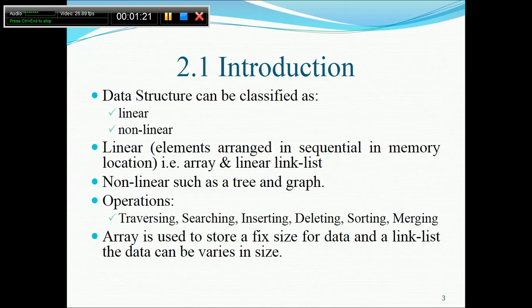Otherwise, we call it a non-linear data structure. Linear elements are arranged sequentially in memory, that is an array, and in the linked list case they are accessed in a linear fashion. Non-linear ones are such as tree and graph. Operations are traversing, searching, insertion, deletion, sorting, and merging.